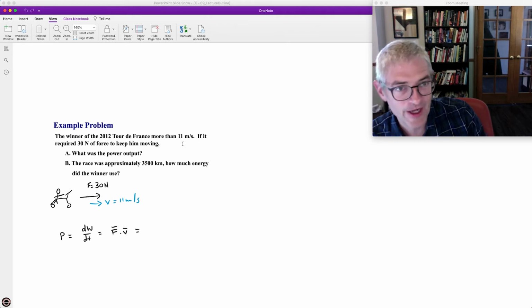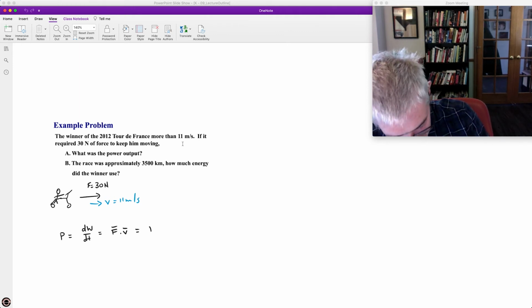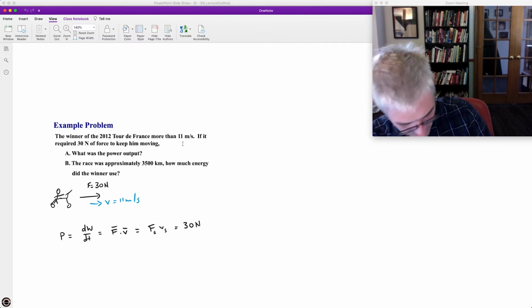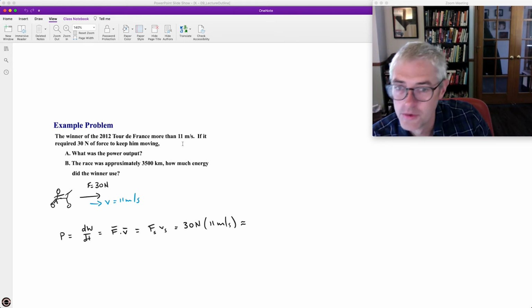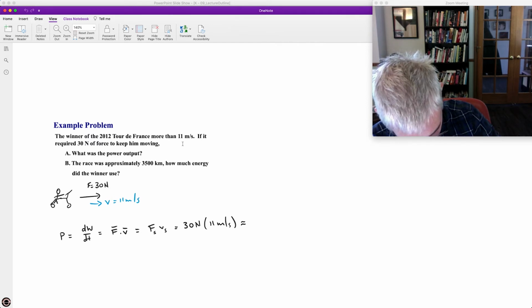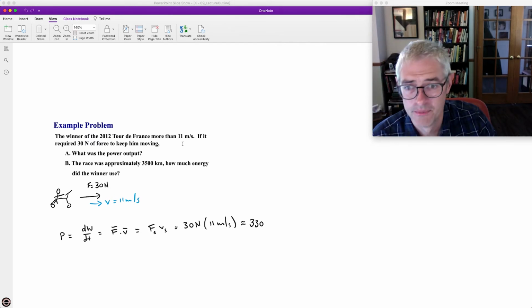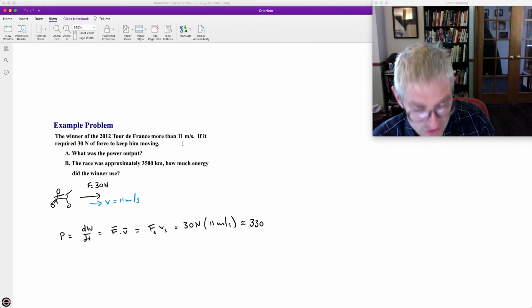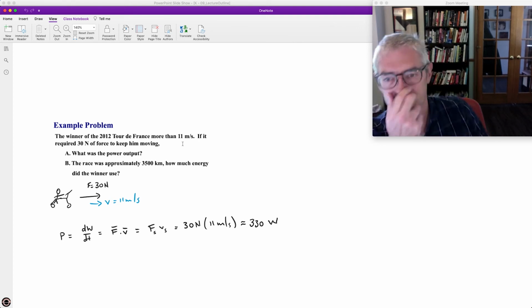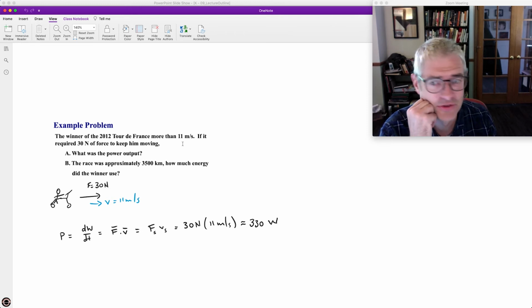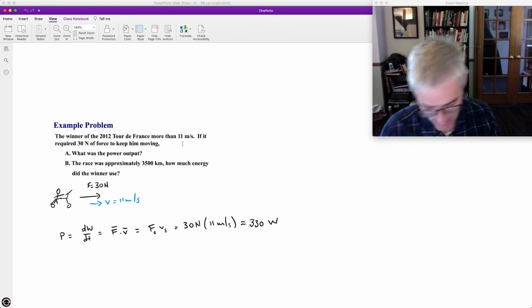But they're in the same direction, so it just becomes force times velocity, or 30 newtons times 11 meters per second, which gives me 330 newton meters per second, or joules per second, or watts. Okay. So that's the power. They have to supply this 330 watts of power to keep moving along the way.